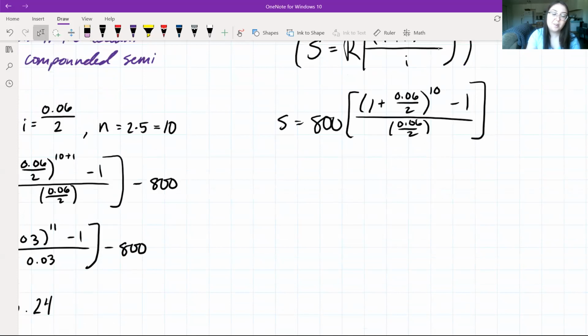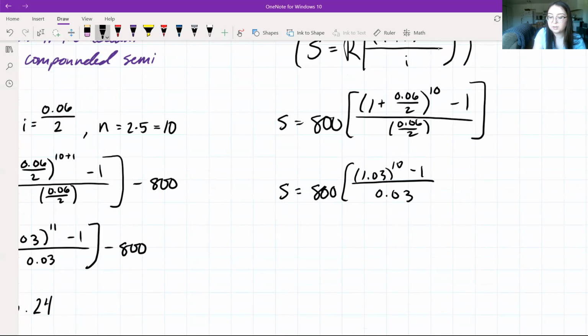Simplifying, S is equal to 800 times (1.03 to the 10th power minus 1) divided by 0.03.